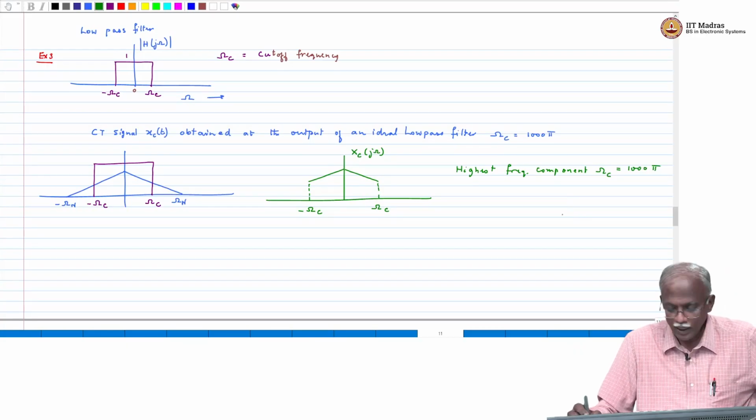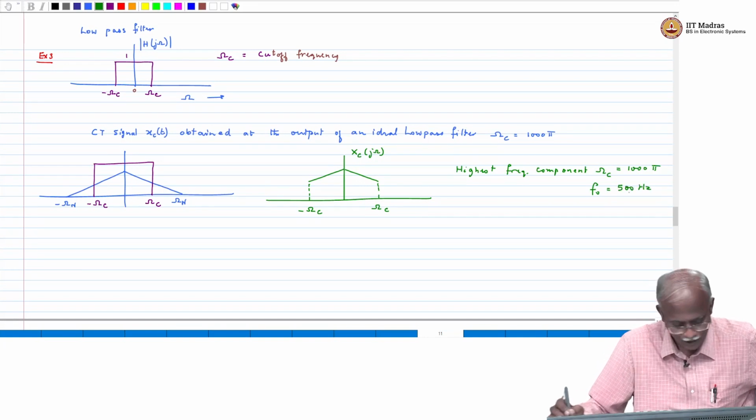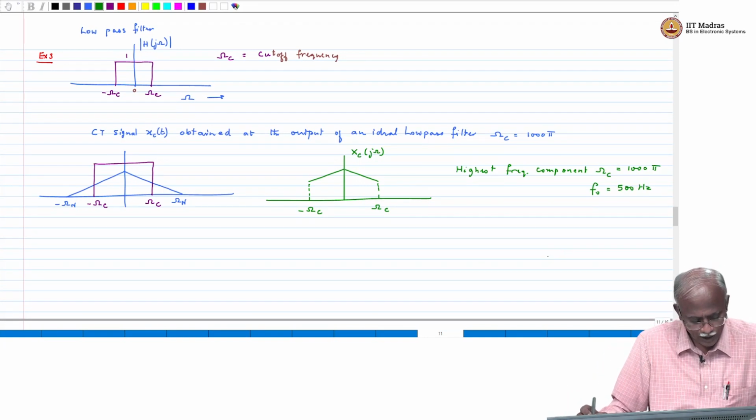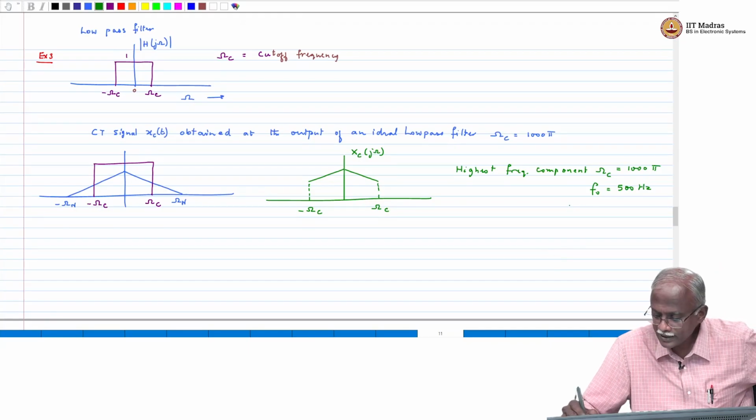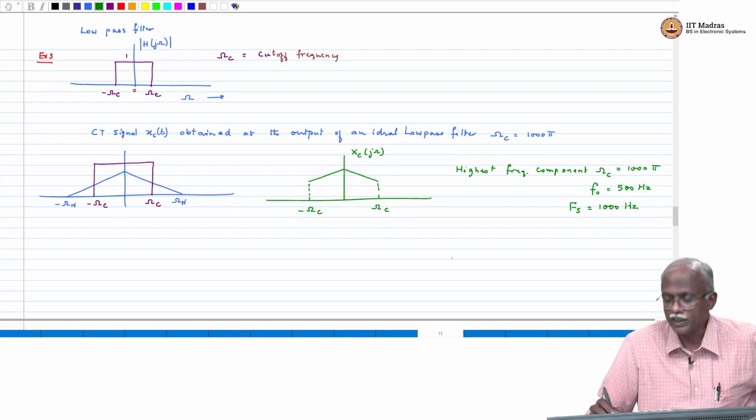In terms of the highest frequency f naught, this will be equal to 500 hertz, right? And so that tells us that the sampling frequency must be equal to 1000 hertz or 1 kilohertz.